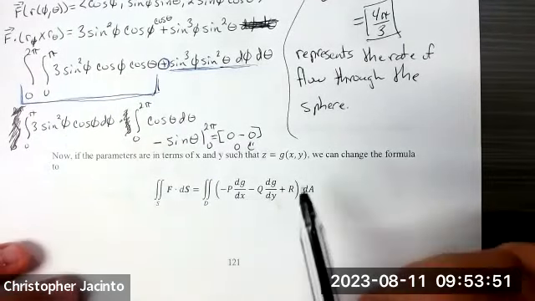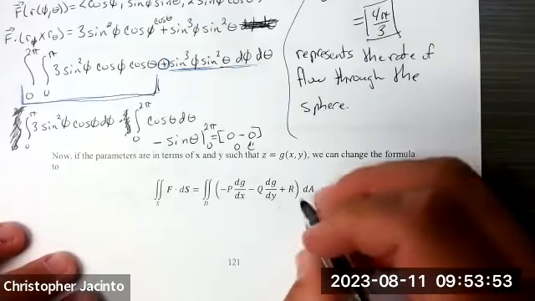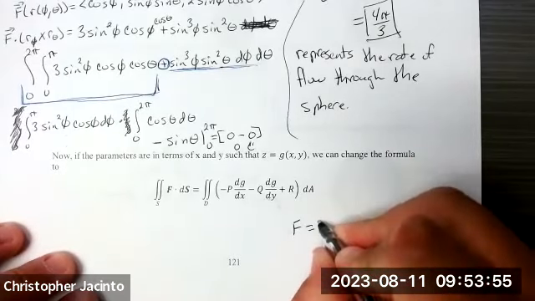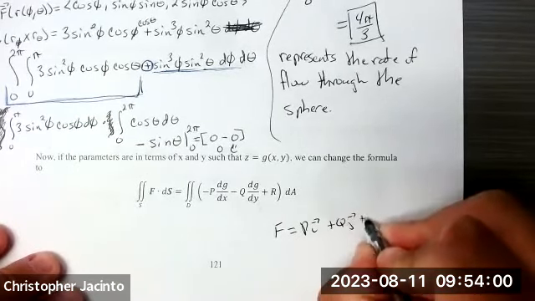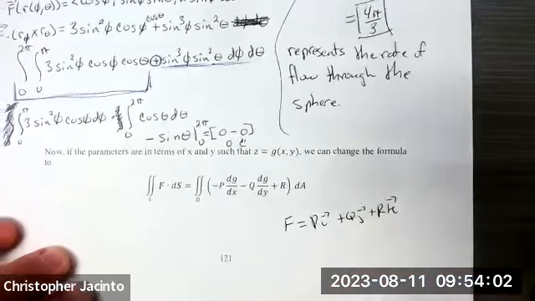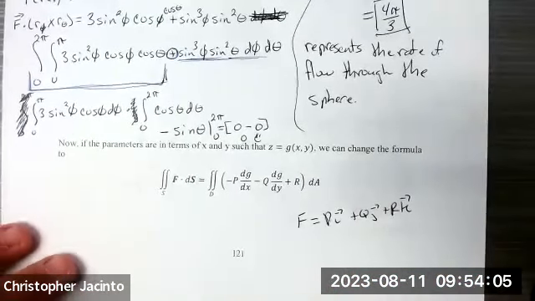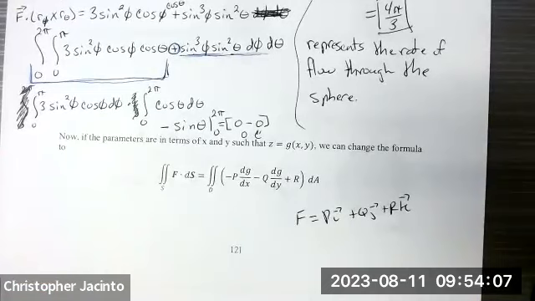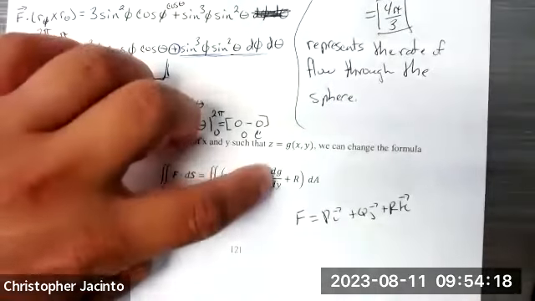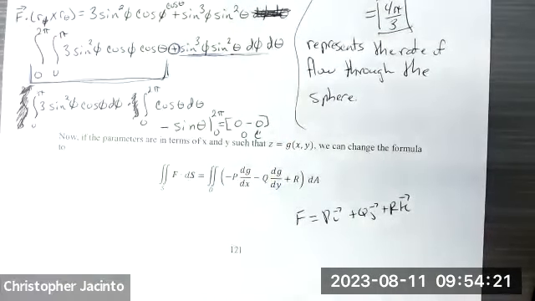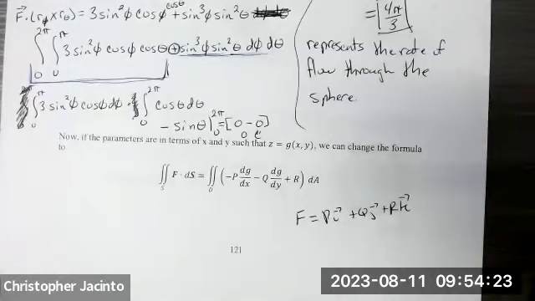Just in case you forgot, F is in terms of Pi, Qj, and Rk, where P, Q, and R represent the components. So it's the double integral over the region in x and y. This time, however, it's going to be P times g, or in this case z of x, and this is the partial derivative with respect to y of the g function, or just the z itself. Okay.